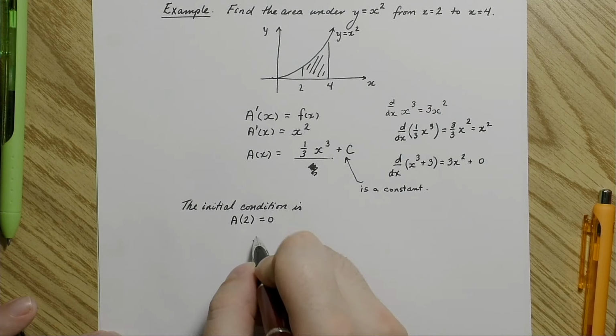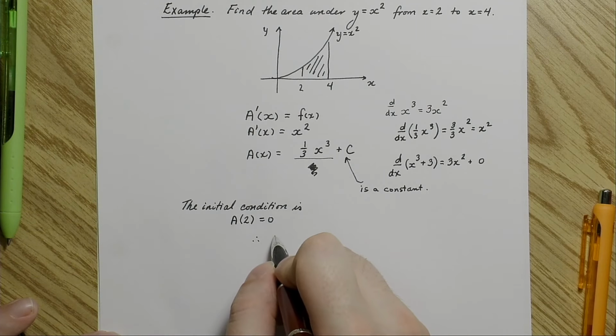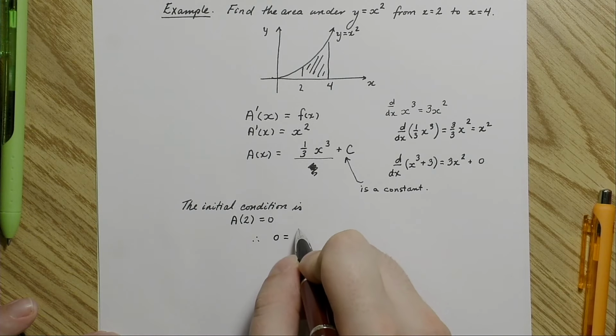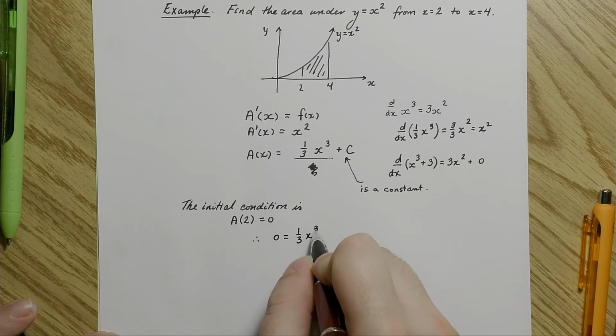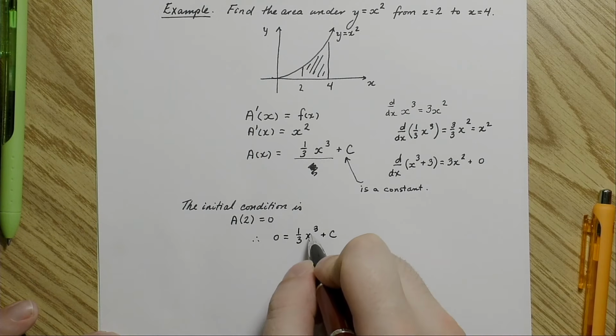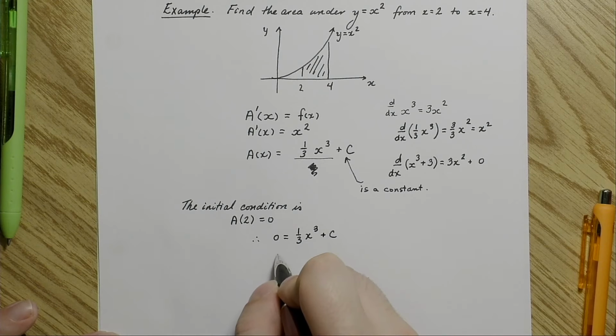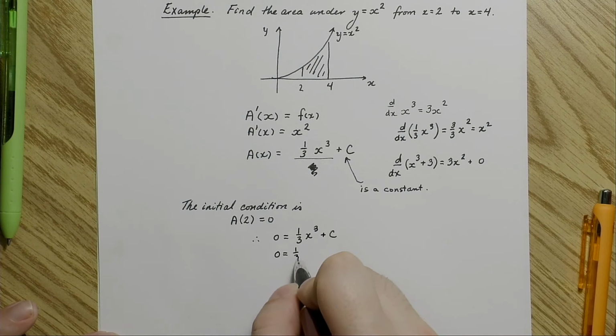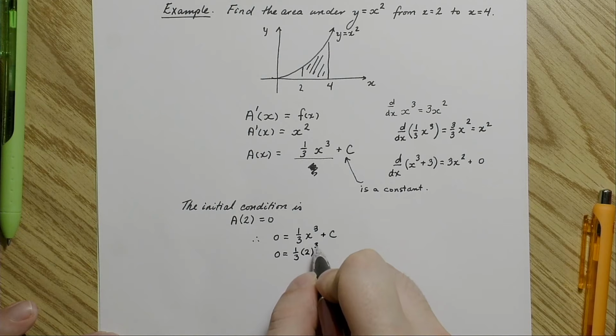So that means, therefore, 0 equals 1/3 x cubed plus c. And, oops, I should have put in the 2. So I'll just write that in the next line. 1/3 2 cubed plus c.